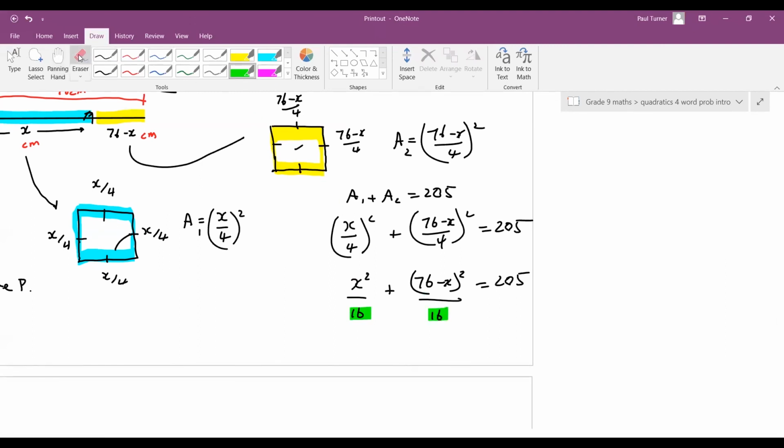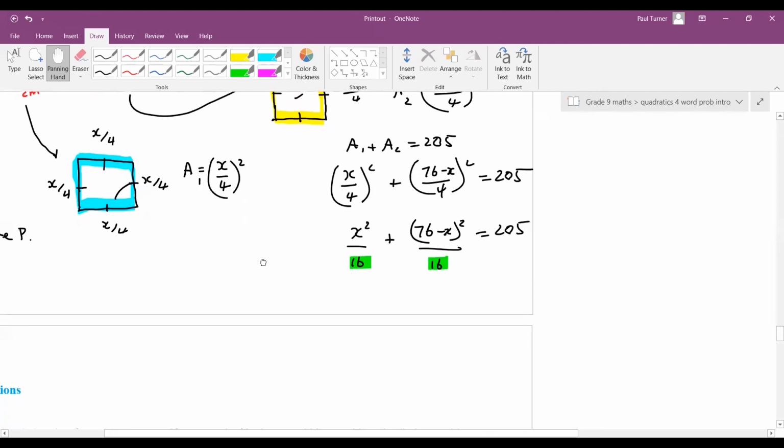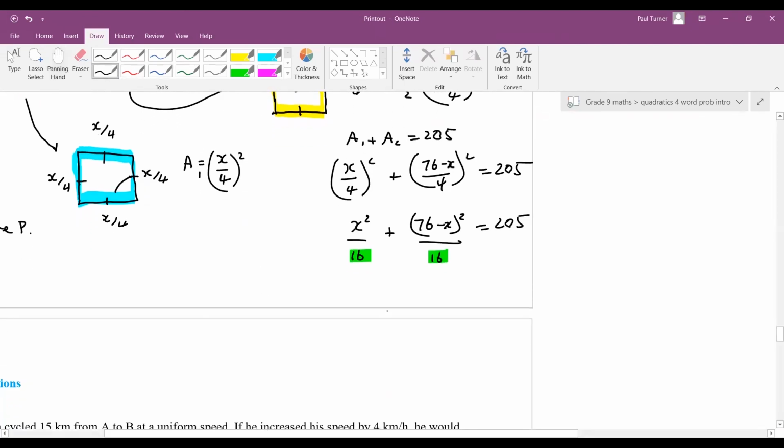So now we can join this into one equation. So we'll have x squared plus 76 minus x all squared, over 16, equals 205. Now you've got a 16 down here, and we don't really want fractions in our equation. So we'll multiply 16 to both sides to get rid of that, which will cancel this side here. Okay.